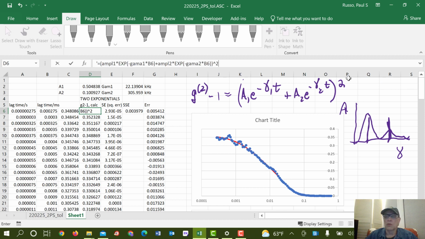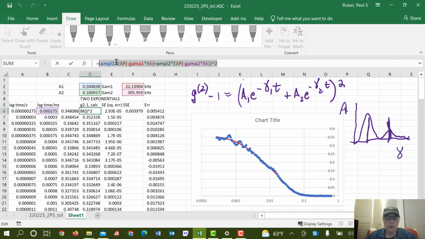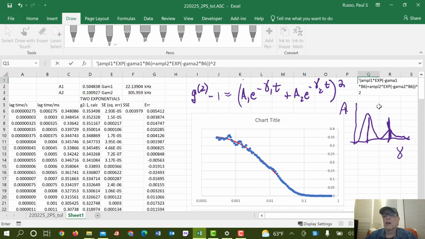Did that work? No. Why can't I grab the text? Because I took the equal sign with it, that's why.